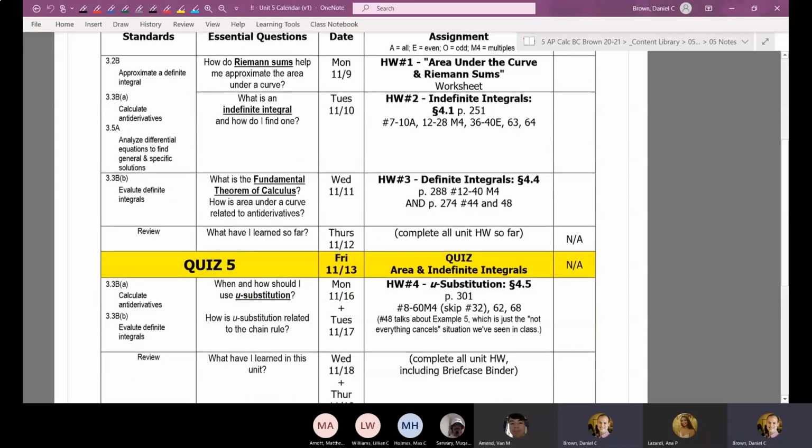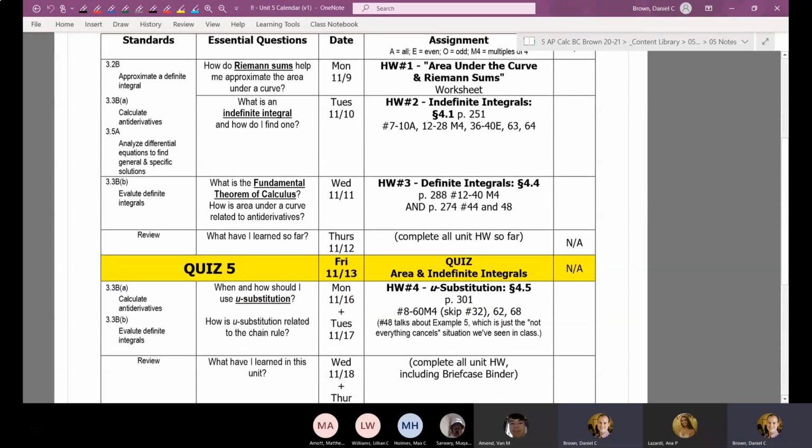It's only 4 topics, 4 homework assignments. It is a little top heavy with the workload in the first half, just being honest. But again, it is very much skill based. These are not going to be problems that take up half a page. They're very much 1- and 2-step problems for the most part.